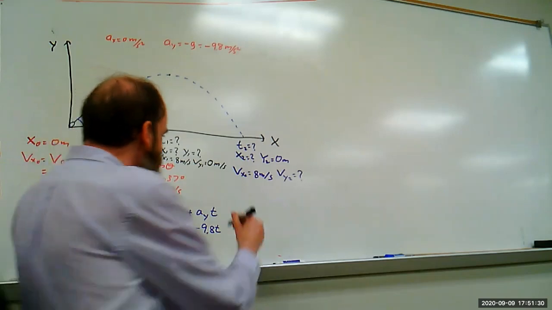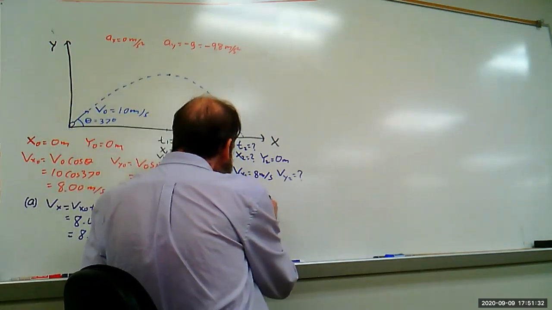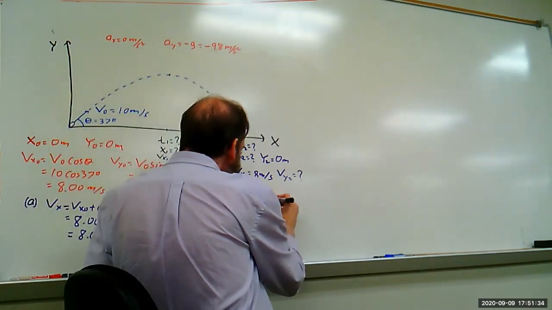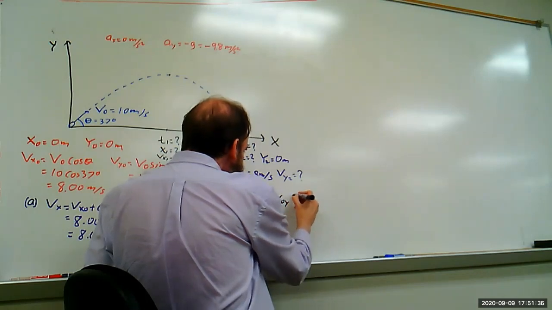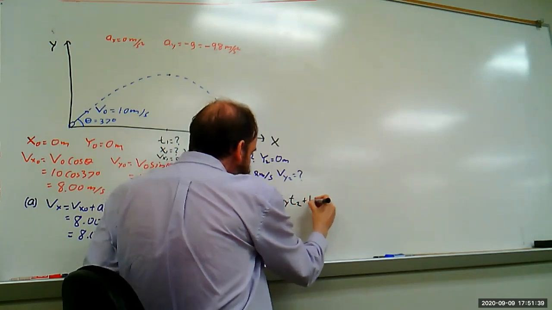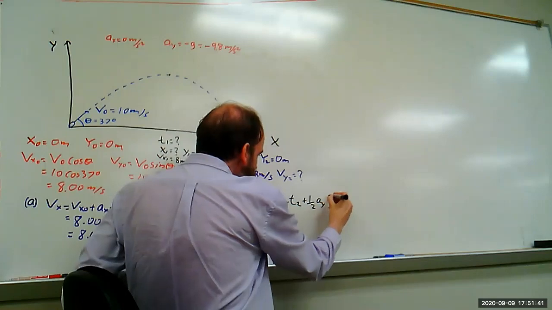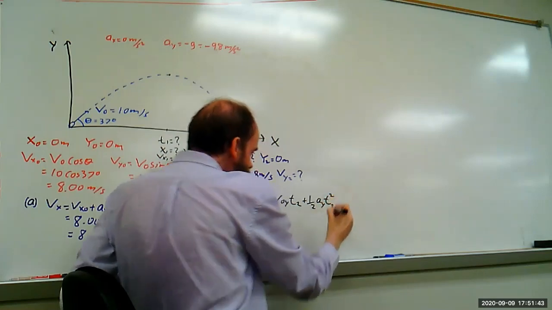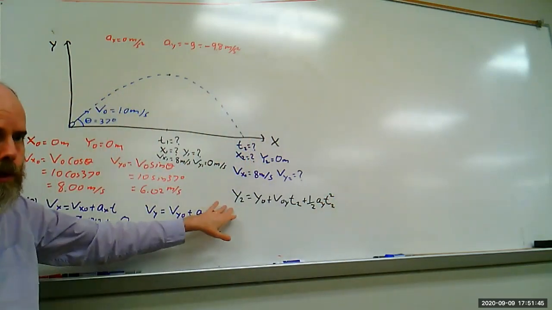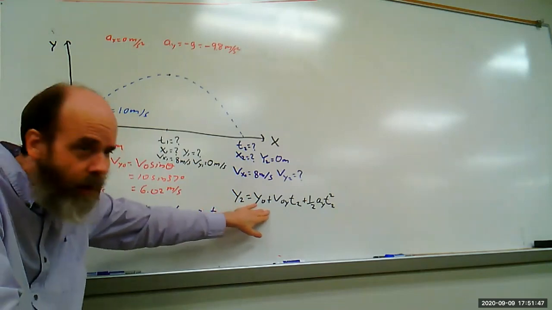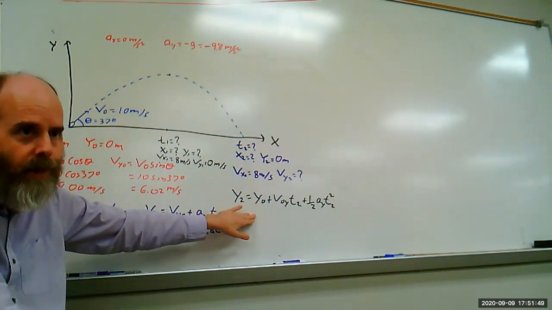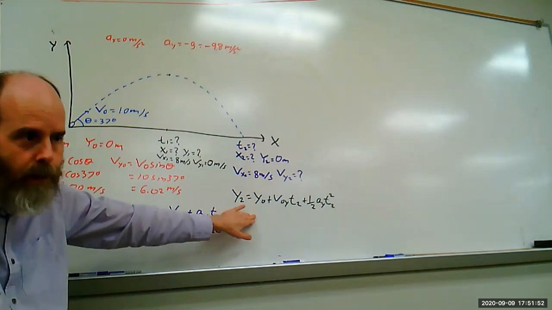So let's write that down. y2 equals y0 plus v0y t2 plus 1/2 ay t2 squared. There's the equation. We know everything in this equation except t2. Let's put in the things that we know.